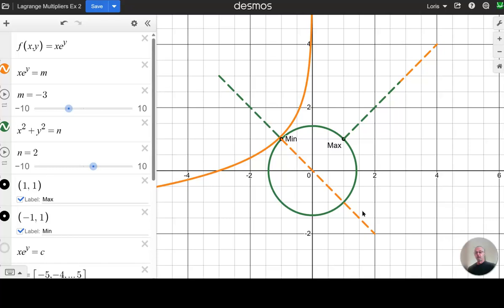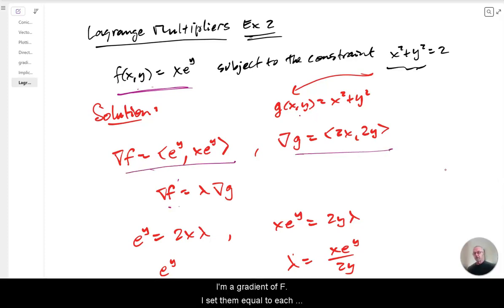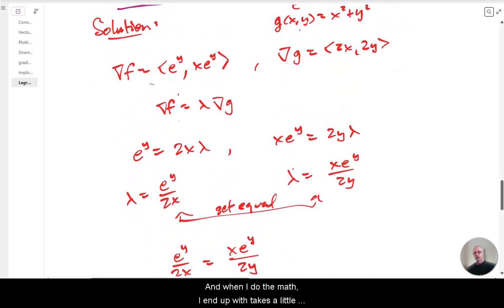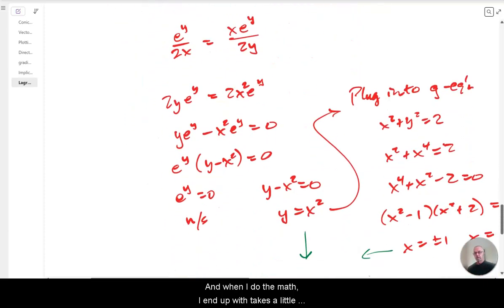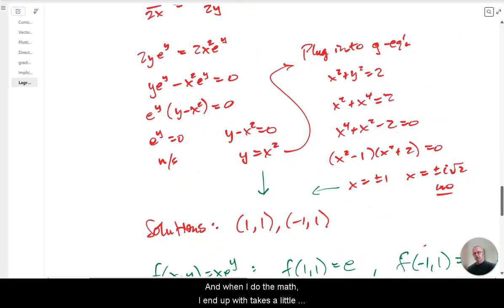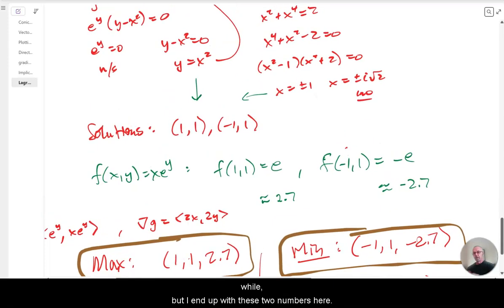Okay, and so if you want to look at the math, what I basically did was I have my gradient of G, my gradient of F, I set them equal to each other up to a lambda, okay? So one vector is equal to a constant multiple of the other. And when I do the math, it takes a little while, but I end up with these two numbers here.